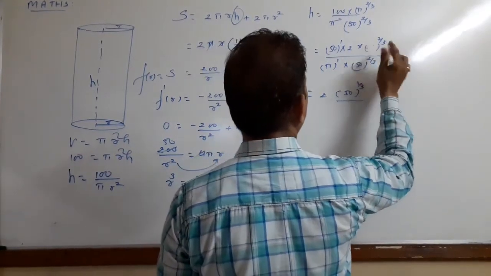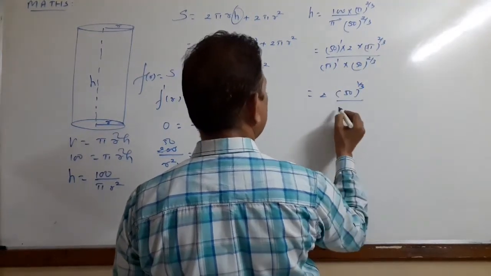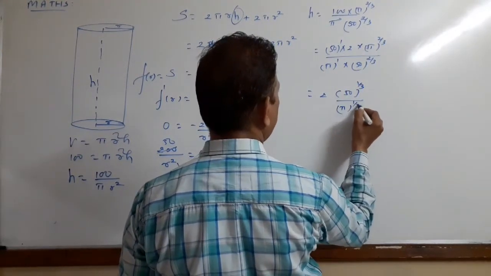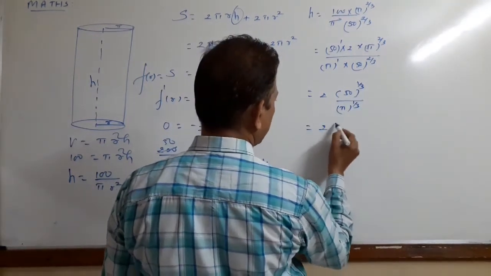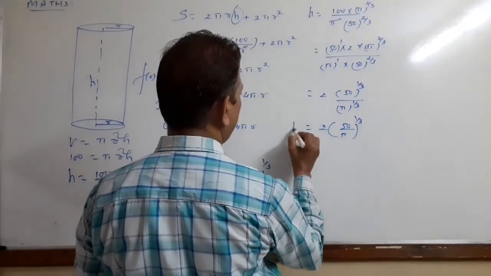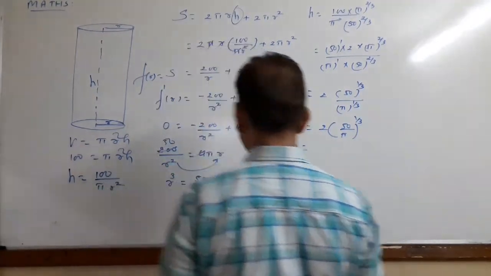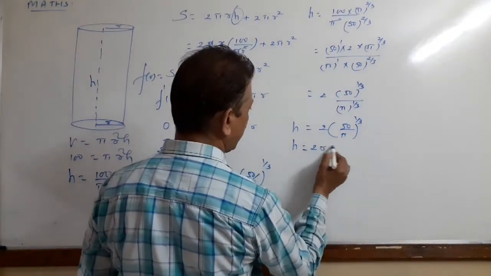The same for pi in the denominator, pi to 1 by 3. So h equal to 2 into 50 upon pi power 1 by 3. This is your radius, 50 upon pi power 1 by 3, so h equals 2r.